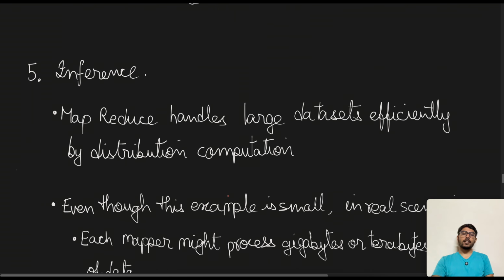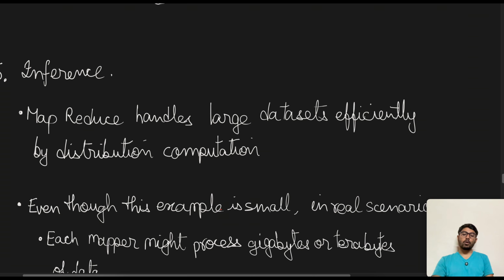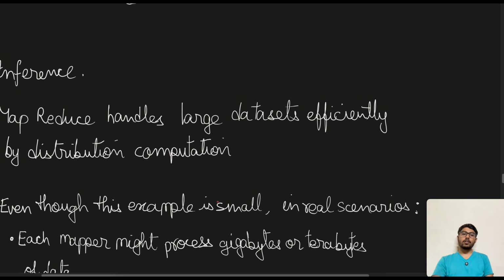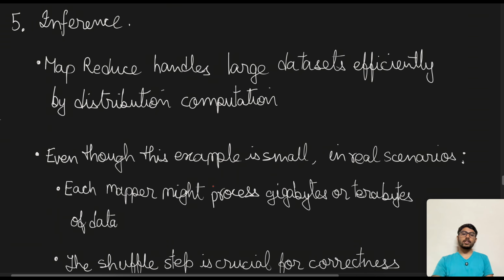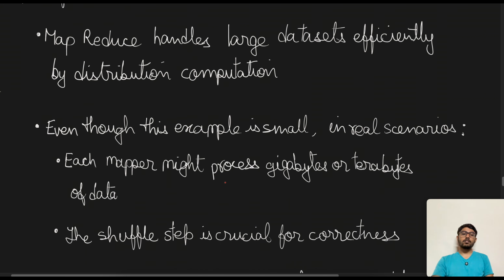Next, we say that even though this example is small, in real scenarios, each mapper might process gigabytes or terabytes of data, as I said above. Next, the shuffle step is crucial for correctness because it is going to shuffle the particular keys in order of their alphabetic order and point them to their particular word counts in respective documents.